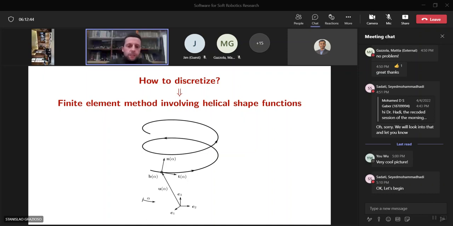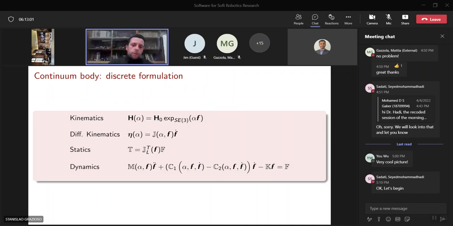The important point is that for each element we have constant deformations, meaning all the components of the deformations are constant: the bending, the shear, the torsion, and the axial compression strains. And this is the discrete formulation.